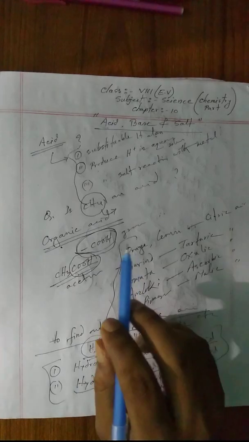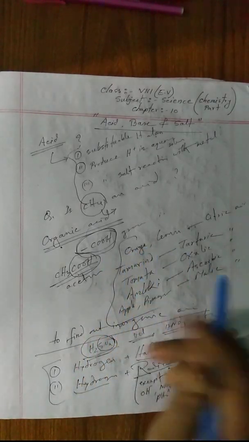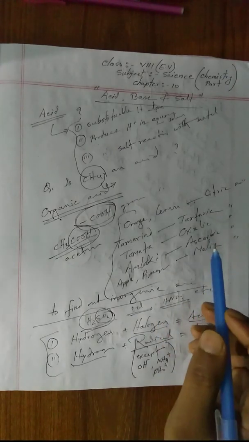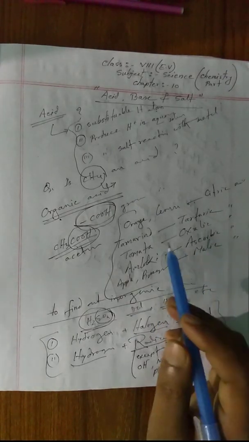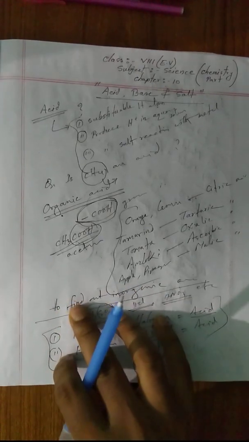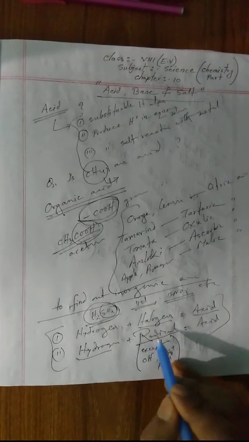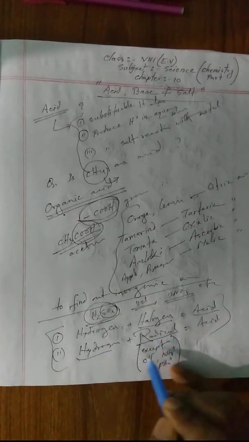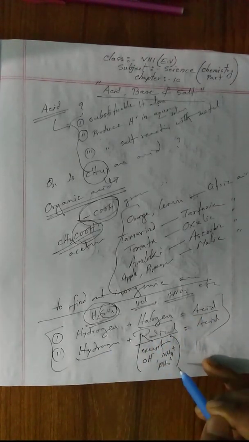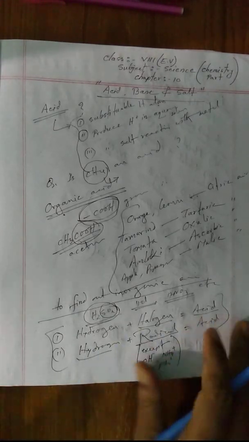Organic acid, the acid that contains the COOH group, and some list of organic acids present in some fruits. And the rules to find out inorganic acid: hydrogen plus halogen is acid, hydrogen plus radical except OH, NH4, PH4 is acid.